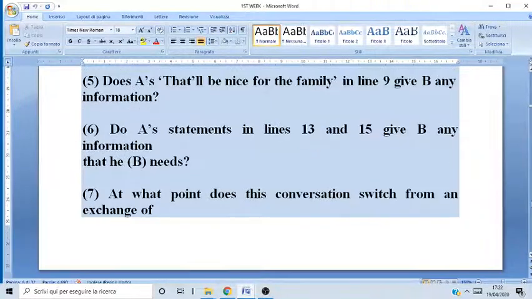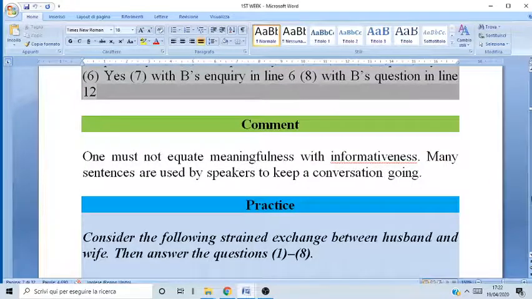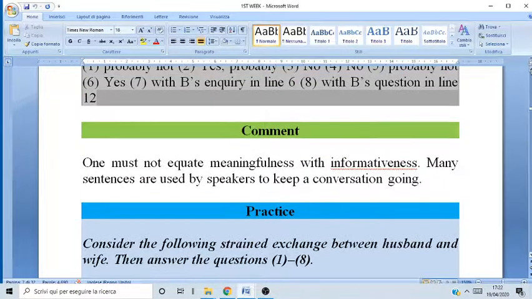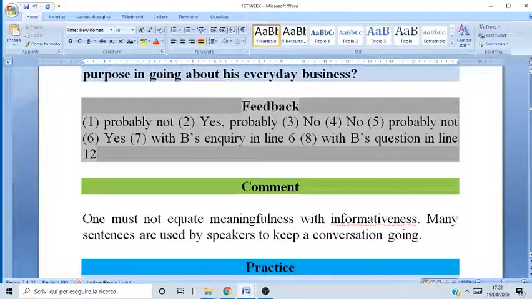That's where the information actually kicks in. Let's see if the book agrees with me, and if you agree with me. I think so. Yes, you can see the feedback over here.